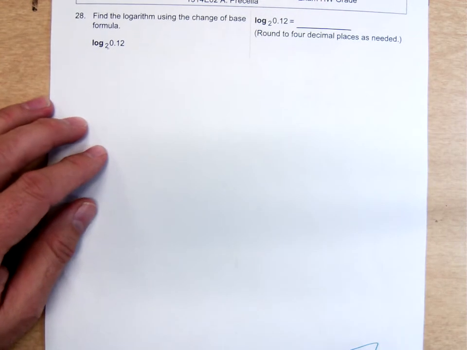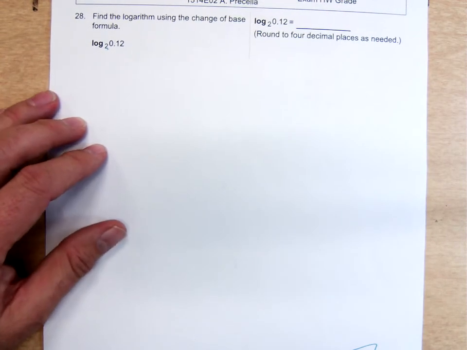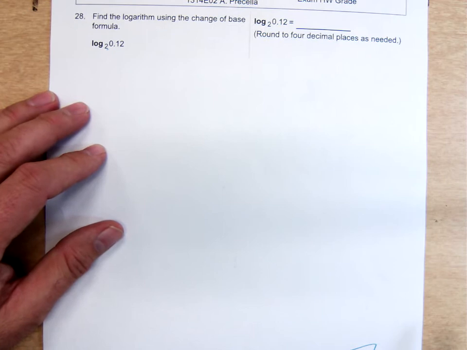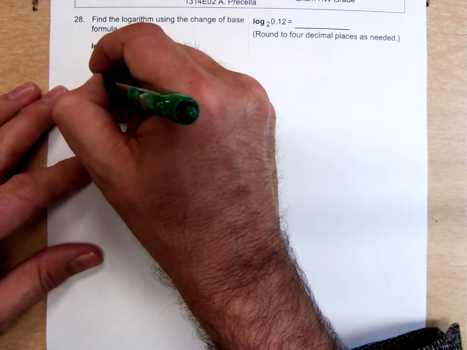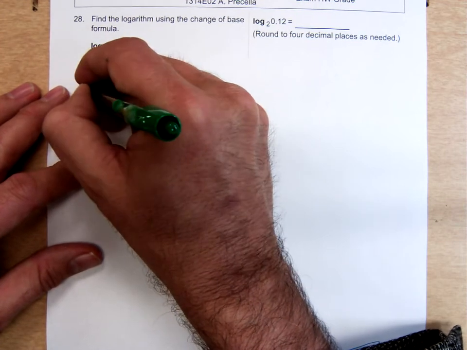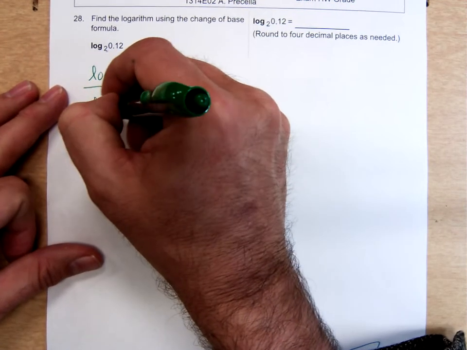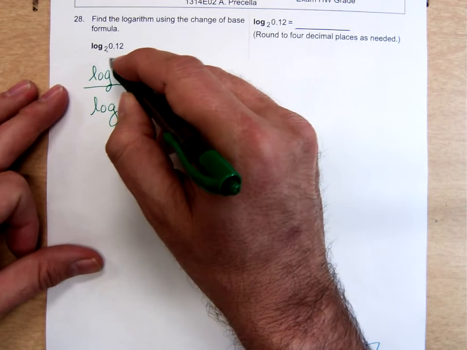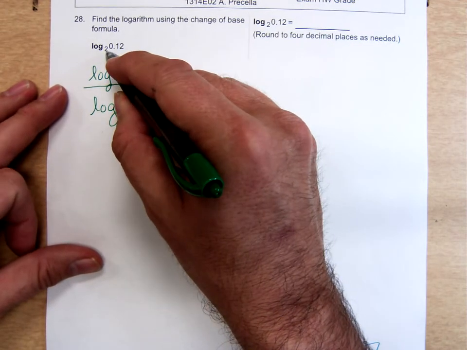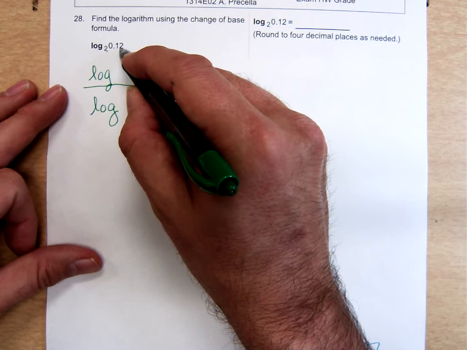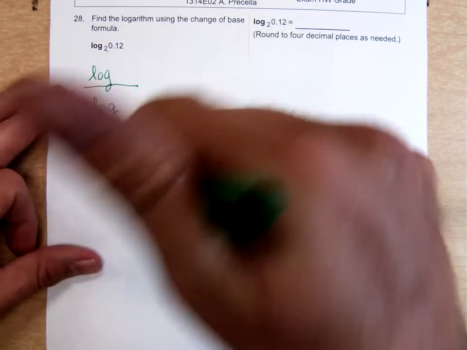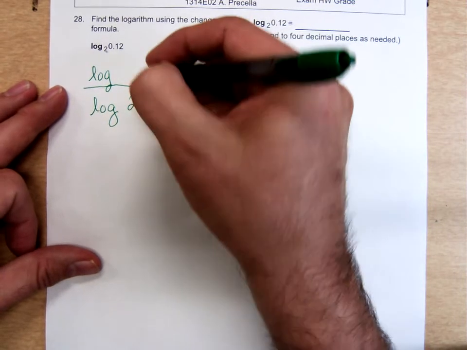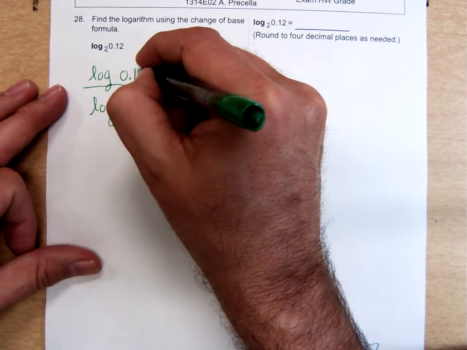For my calculator, all I have is the LOG key, which is log base 10. So the change of base formula is log over log. You have the number 2 and then that number 0.12. The number that's written lower, the subscript, is the one that goes in the bottom. The 0.12 goes up on top.